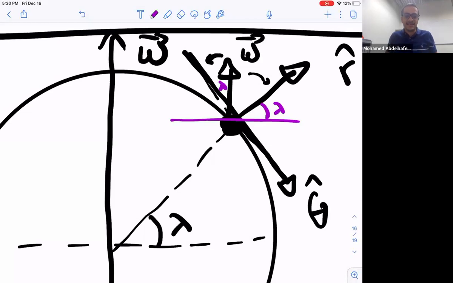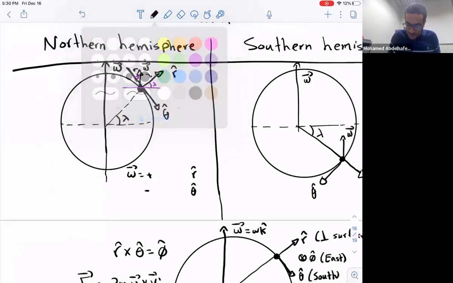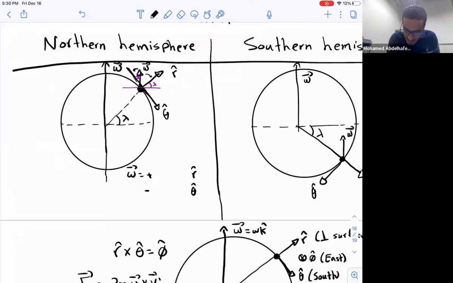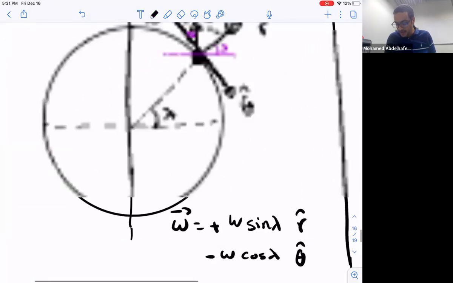So once I identify this to be my lambda, then with it is cosine, and against it is sine. So the solution here is that the theta hat is the cosine, and the other one is the sine. So it's omega sine lambda r hat and omega cosine lambda minus theta hat. Why is cosine in theta?